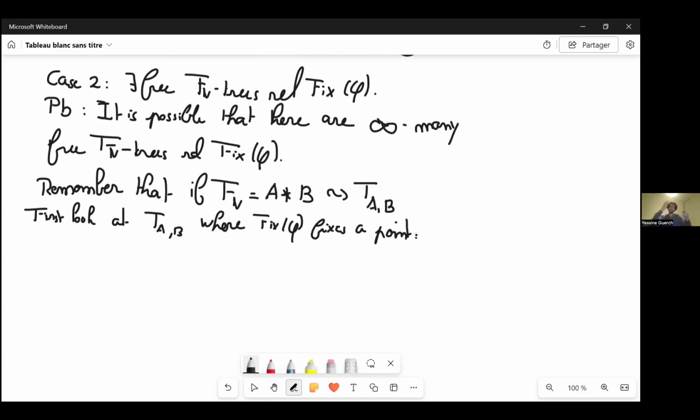So you see, the first case was we try to find trees where Fix(phi) does not fix any free Fn trees. The second case is to find free Fn trees which are closely related to free product decompositions.